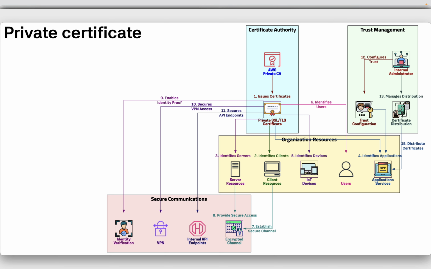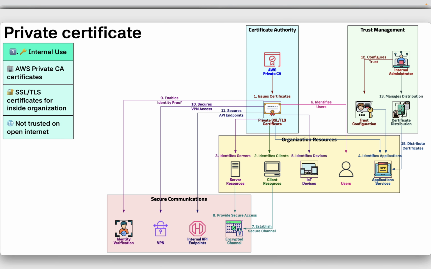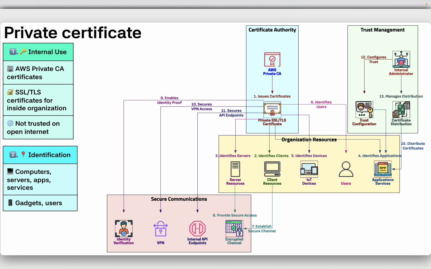So what are private certificates? AWS Private CA certificates are a special kind of SSL TLS certificates used only inside an organization. Unlike regular certificates, these are not trusted on the open internet. So this is what I talked about earlier. Identification, and these certificates help identify different things like computers, servers, apps, services, gadgets, and even users within the organization.